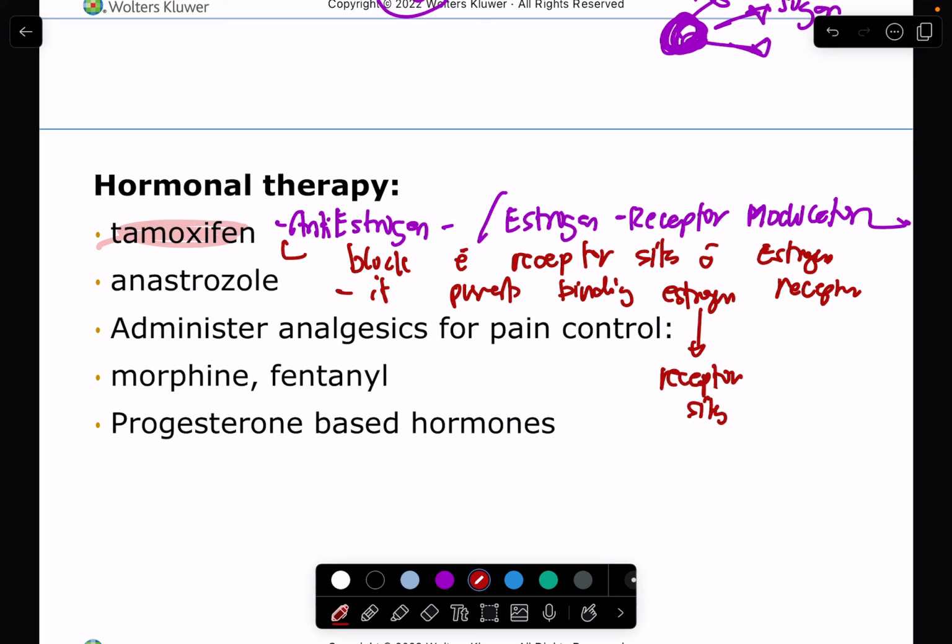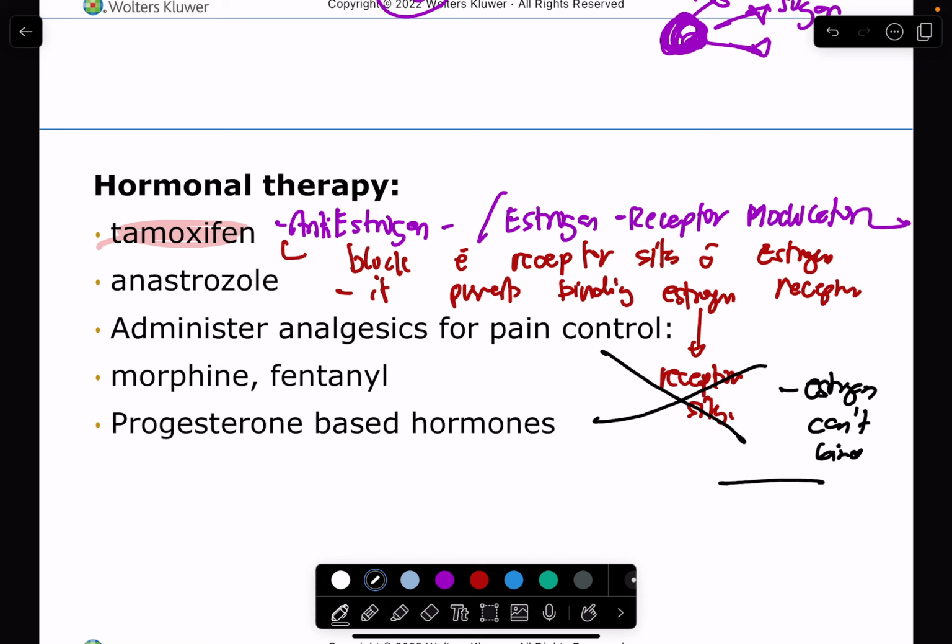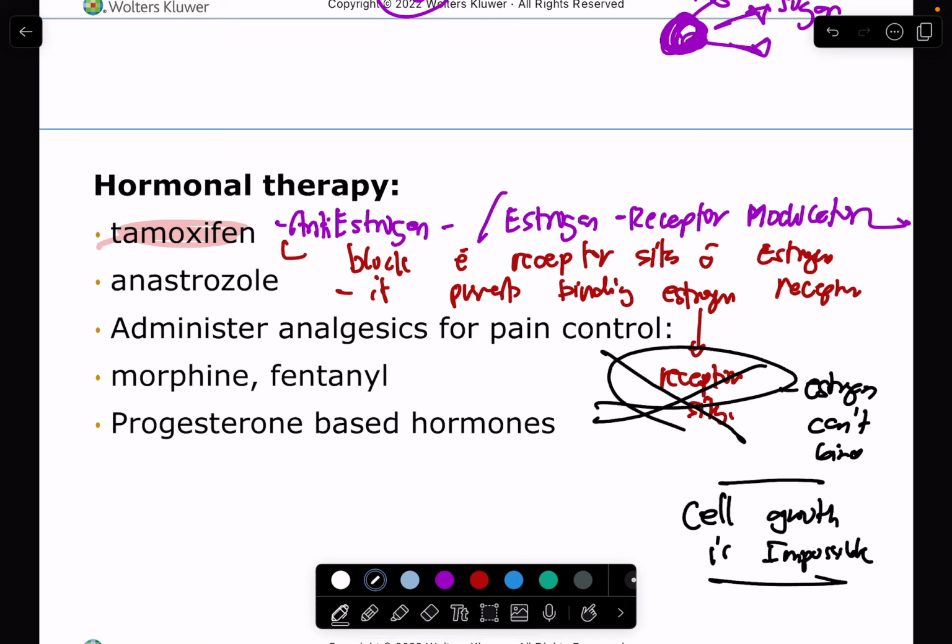Okay, ulit natin ha. So, once receptor sites are blocked, estrogen cannot bind at all. Thereby, cellular growth is impossible. So, mas nako-control natin ang pagdi-divide at pagdami ng cancer cell once we have already blocked the receptor sites of estrogen.